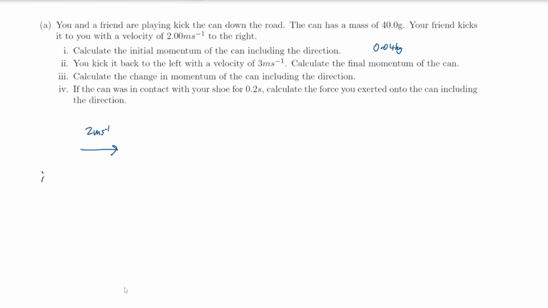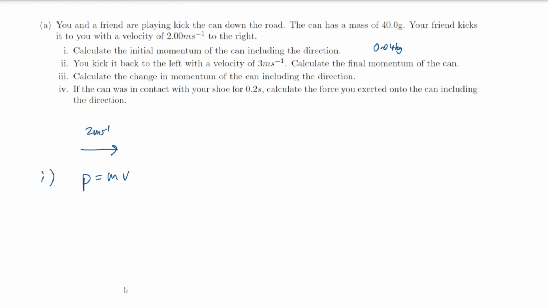Part 1. Calculate the initial momentum of the can, including its direction. So we know that momentum is mass times velocity, and momentum is a vector, right? It has both a magnitude and a direction, which depends on its velocity.